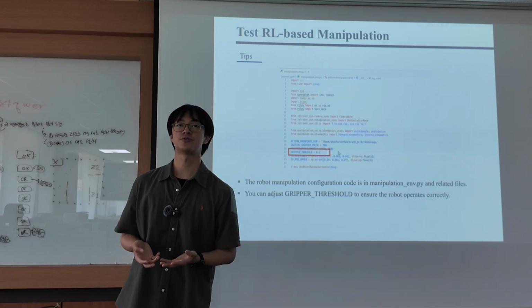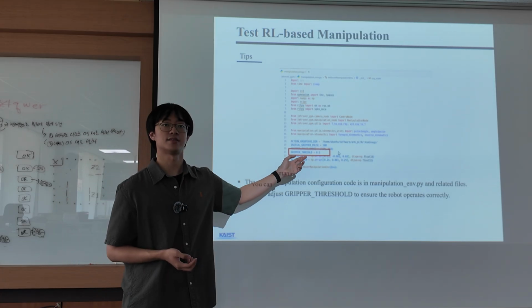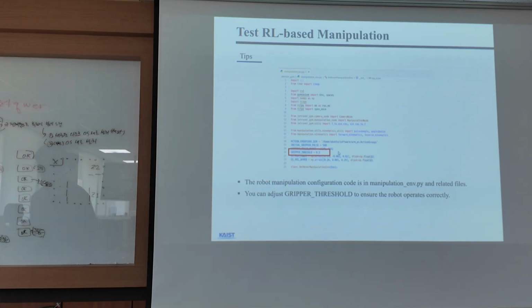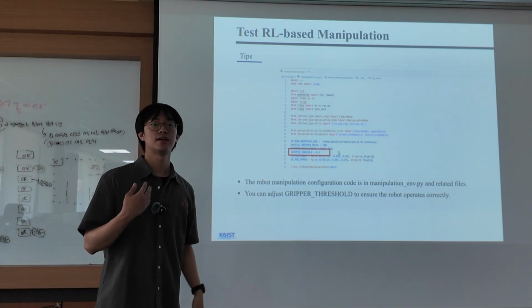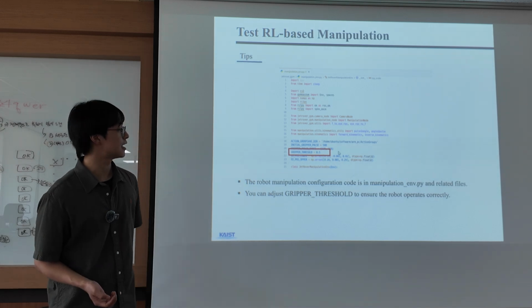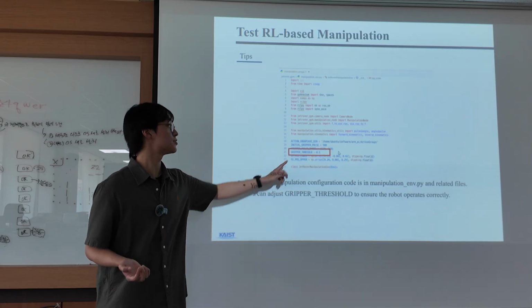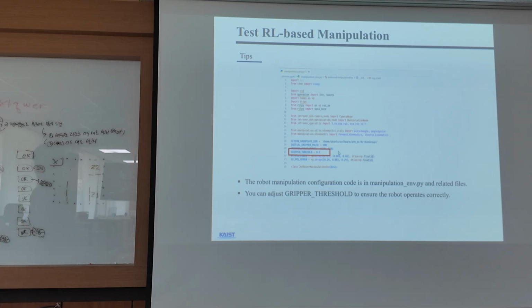If your trained agent predicts the gripper actions improperly, you can manually change this gripper threshold value. For example, even if the model is trained, the agent outputs only 0.4, then you can modify this threshold to 0.3 to make the gripper open.